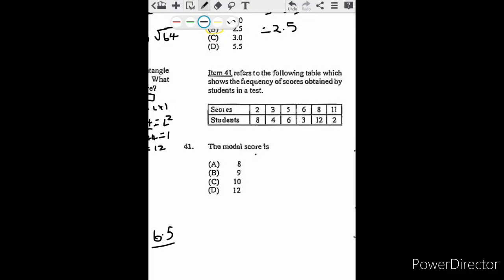And that is the score we ask for, not the number of students. And that value would be 8, because 12 students, which is the most amount of students, got 8. So the modal score would be 8, and that is A.